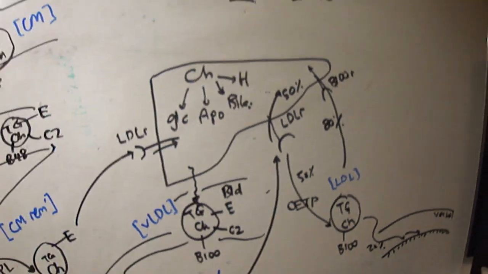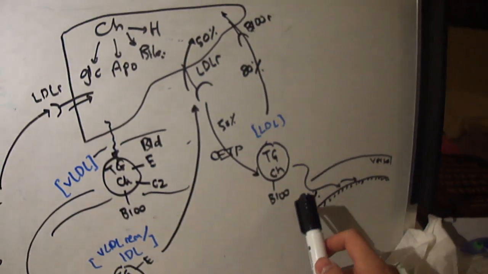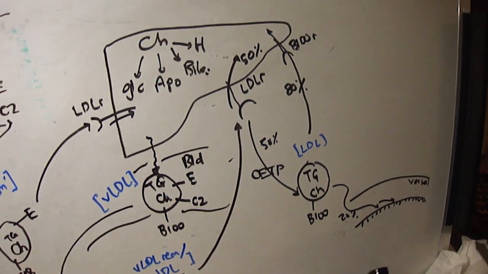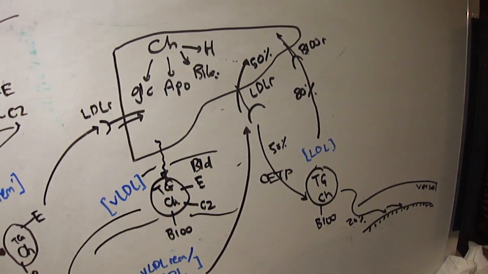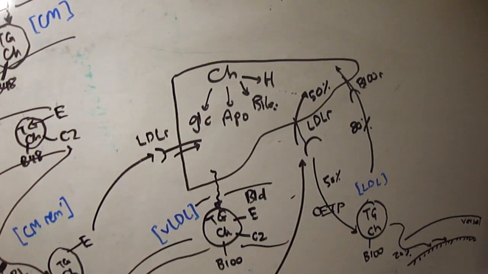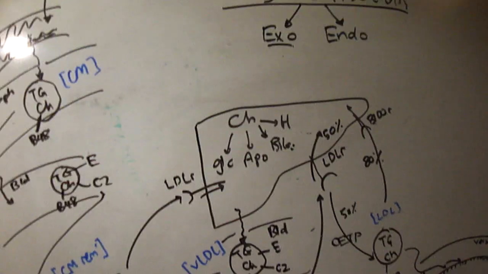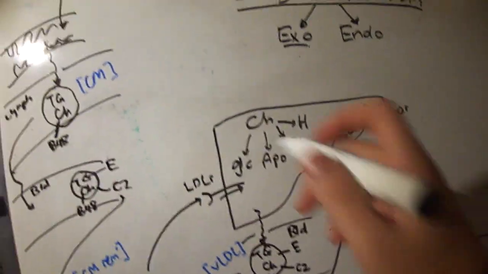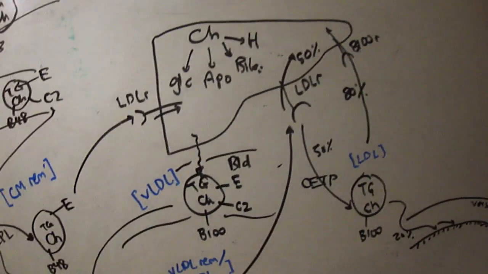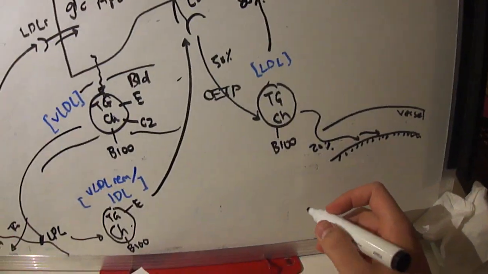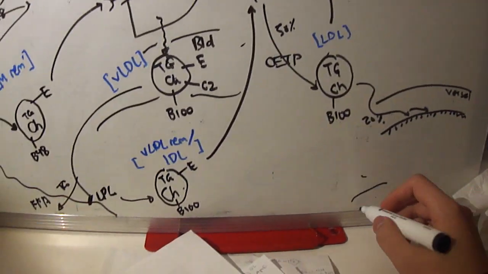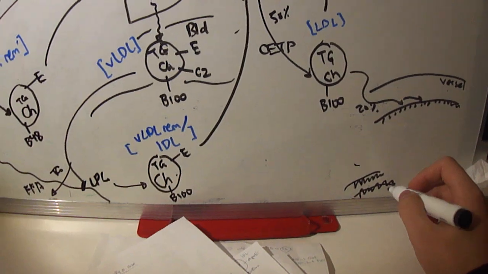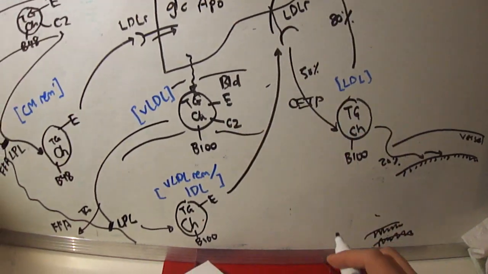So now that we've talked about how the garbage can be deposited, we need to talk about a process called reverse cholesterol transport, which is achieved by a particle that is released from the intestines as well as the liver.